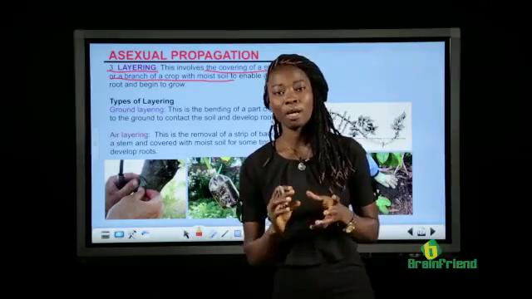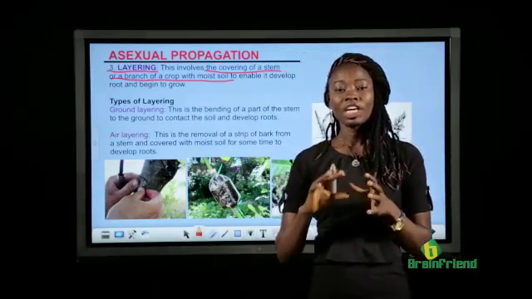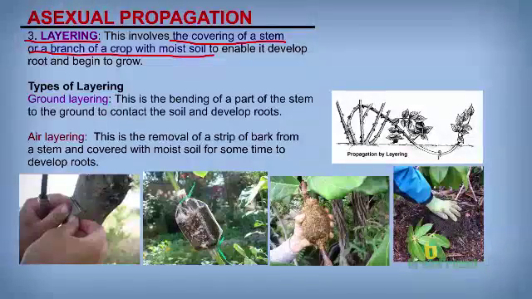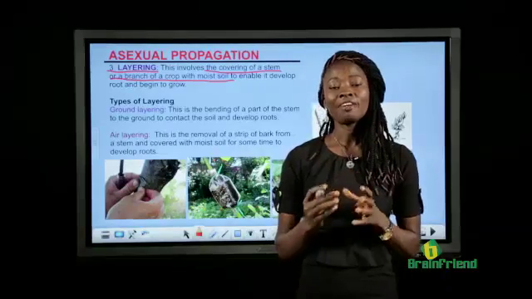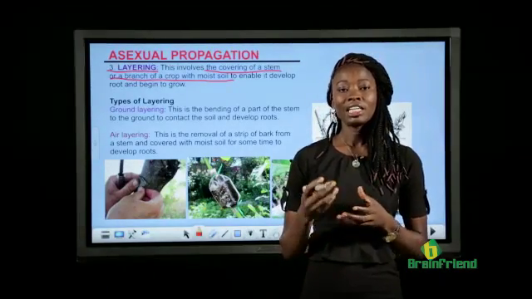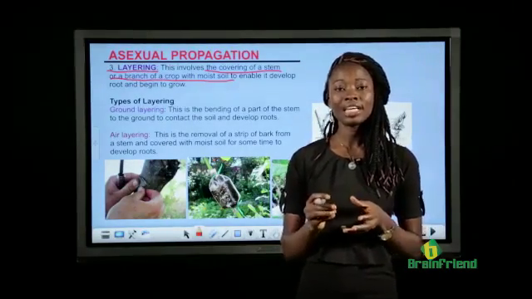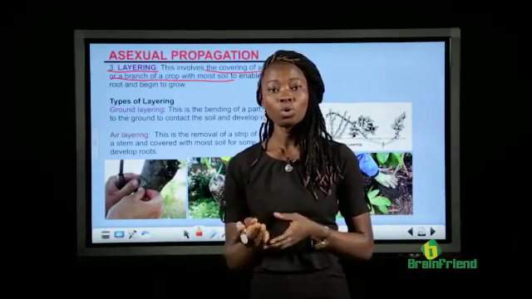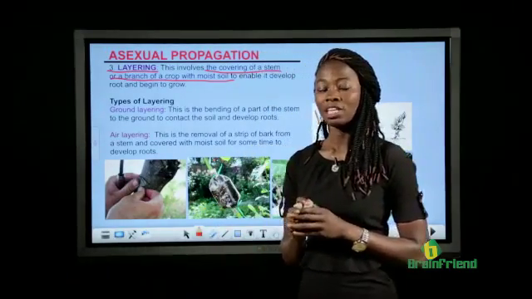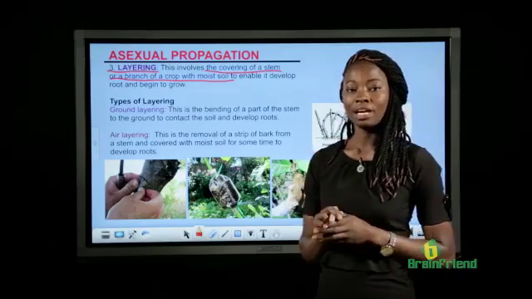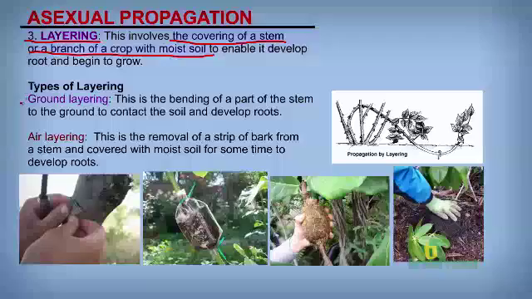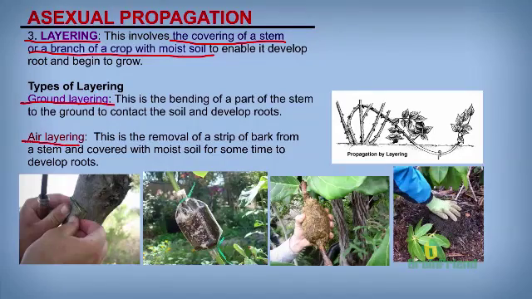When part of a stem or a branch of a crop is covered with moist soil, these stems develop roots after a long while, and these roots can actually sustain the crops to grow as new plants. There are two types of layering. They are ground layering and air layering.